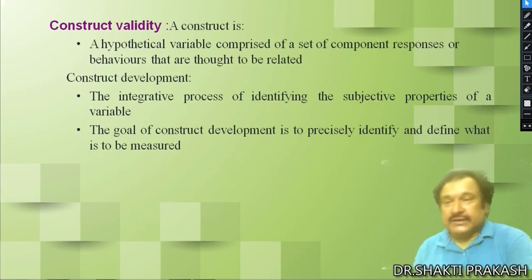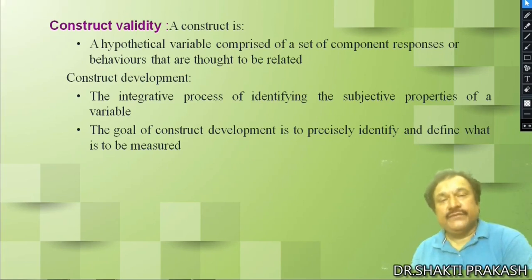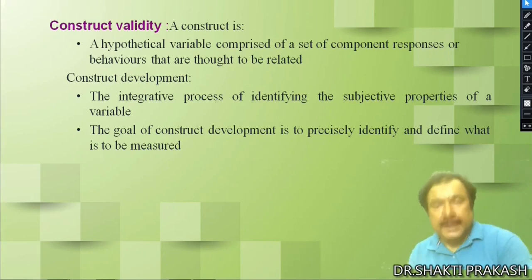Construct validity is hypothetical variables comprising a set of component responses or behaviors that are thought to be related. Whatever we have assumed as hypothetical variables comprises a set of component responses or behaviors that are thought to be related.